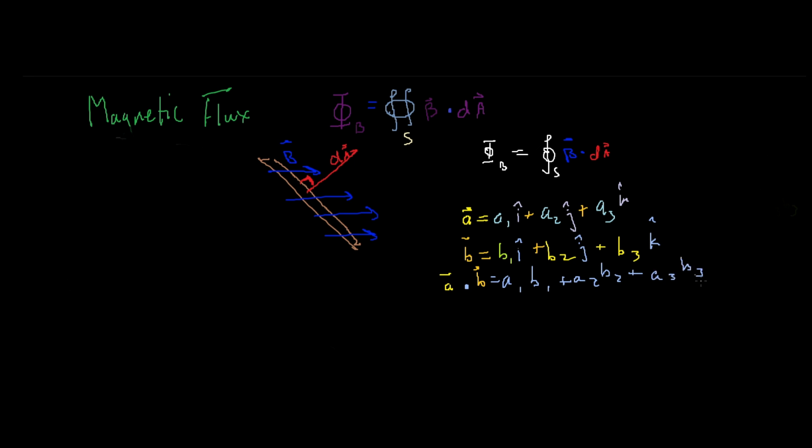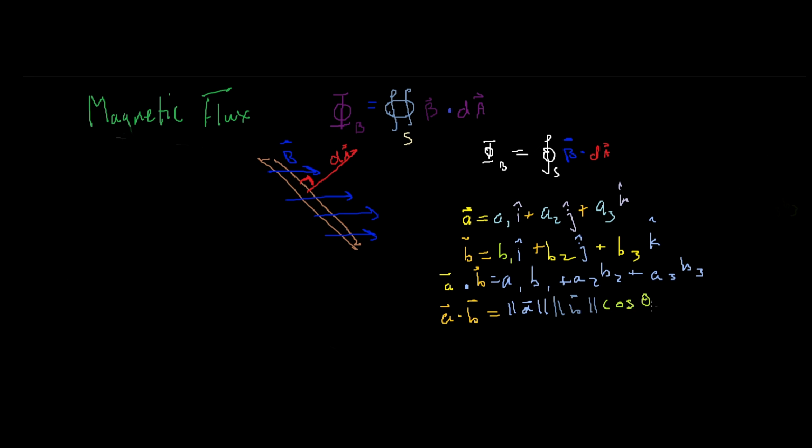But recall there's also a geometric interpretation of the dot product, and that is that A dotted with B equals the magnitude of A multiplied by the magnitude of B. And remember, there's an angle between vectors. We multiply by the cosine of that angle.